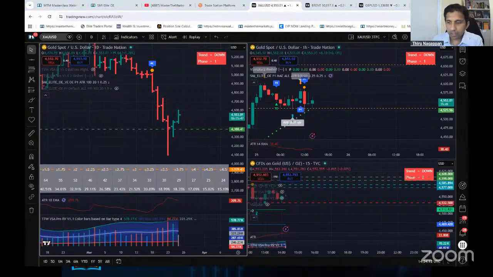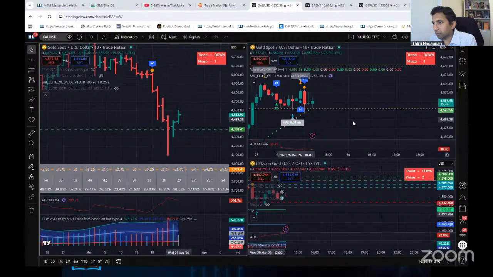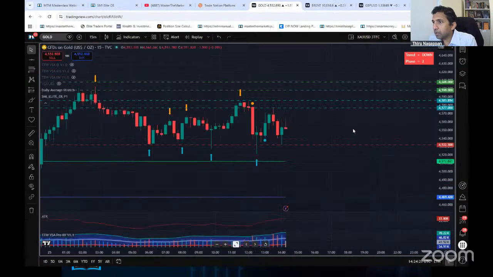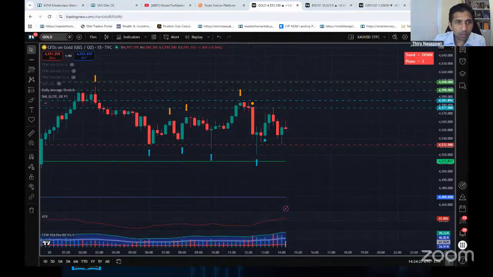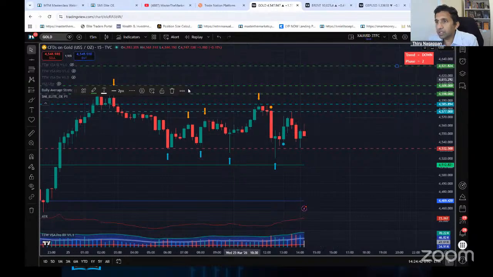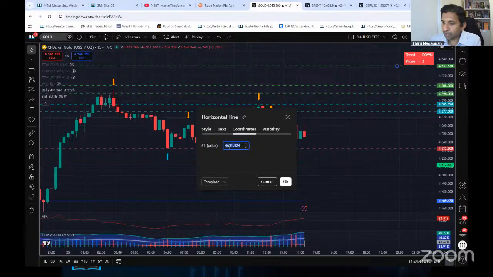So before that, 4608, I think this would be our second entry. I've put that in as well. And in terms of our third target towards a bias on the long side, it is here, 4634. Okay, good. I think I've given you all that.